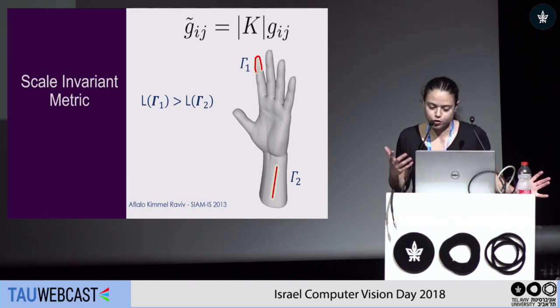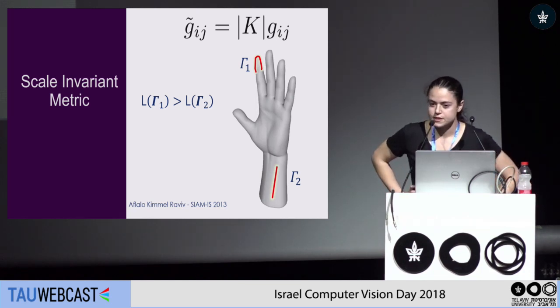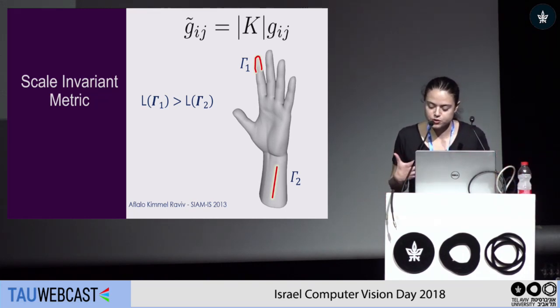From the point of view of the standard metric, these trajectories have the same length, but from the point of view of the scale invariant metric, the first one has larger length. So we have two different metrics, and each metric has a very different way to measure distances on the surface, and we can combine these different perspectives to construct our signature, the cell function maps.